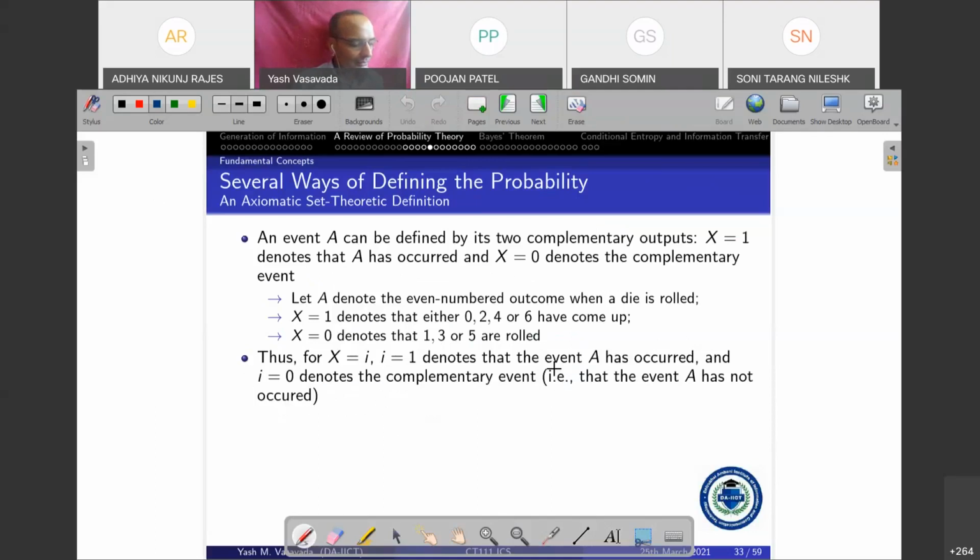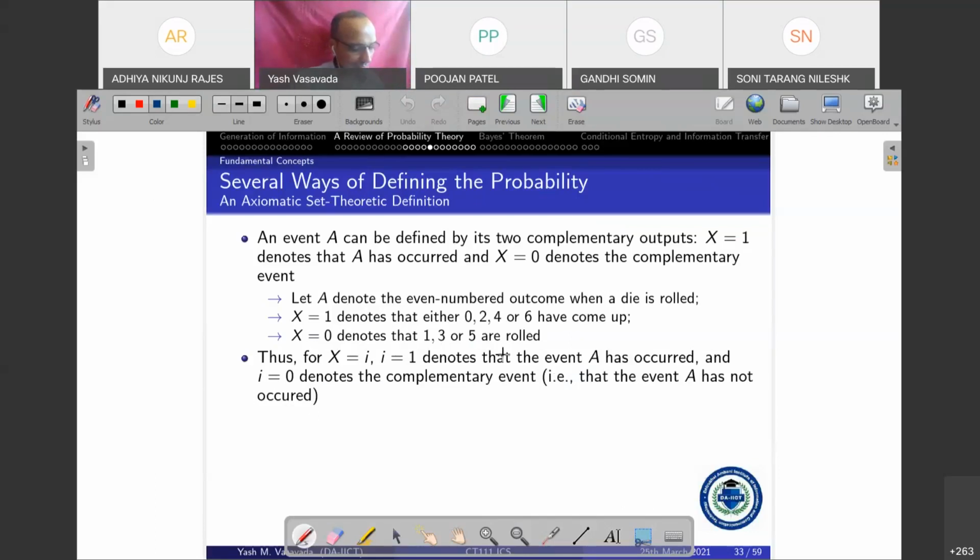Now we are going to talk about the subsets of this universal set. And associated to each subset, we are going to assign some notation. We are going to call that subset some event, right?